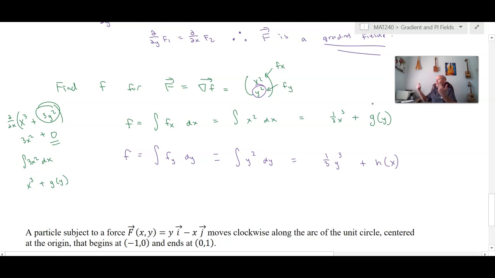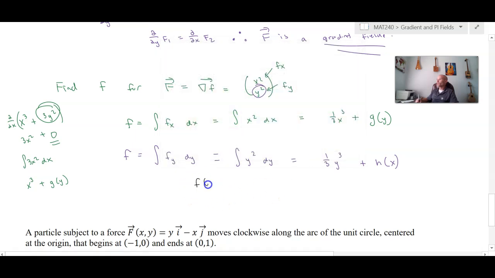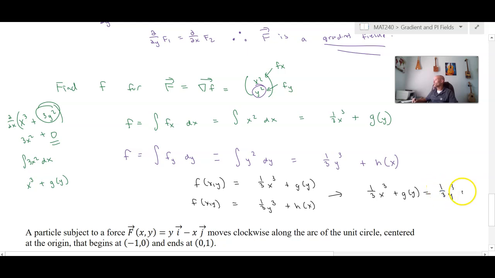So what do we do now? We've got all these weird things floating around. Well, logically speaking, if f of x, y, our function, is both equal to 1/3 x cubed plus g of y, and f of x, y is also equal to 1/3 y cubed plus h of x, that means that these two functions have to be the same function, because one's the integral with respect to x, one's the integral with respect to y.